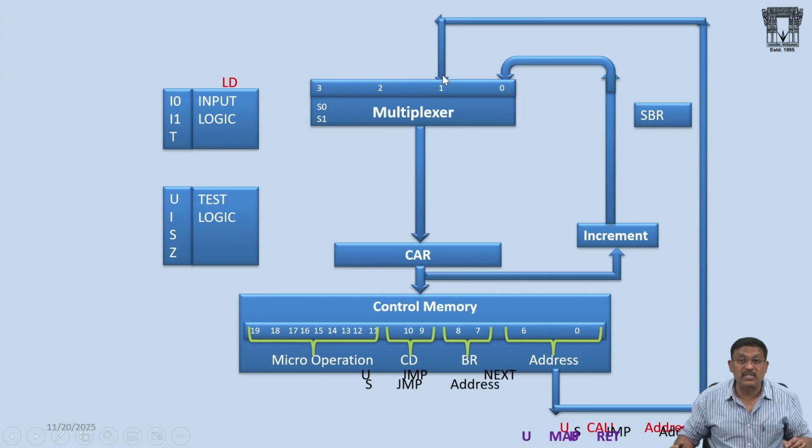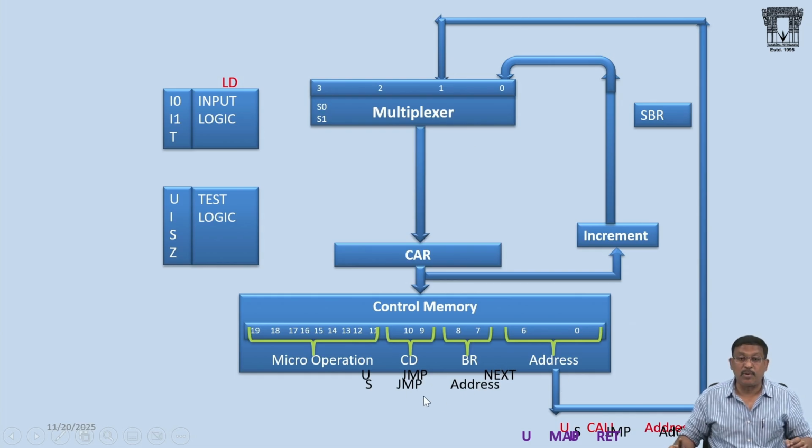Two possible sources we discussed. One is increment the CR by 1, sequencing the next micro instruction. This is increment the CR register by 1 because unconditionally jump next. The other one is, if my condition is true, if my sign bit is true, jump to this. This is called the branching address, not the next address.